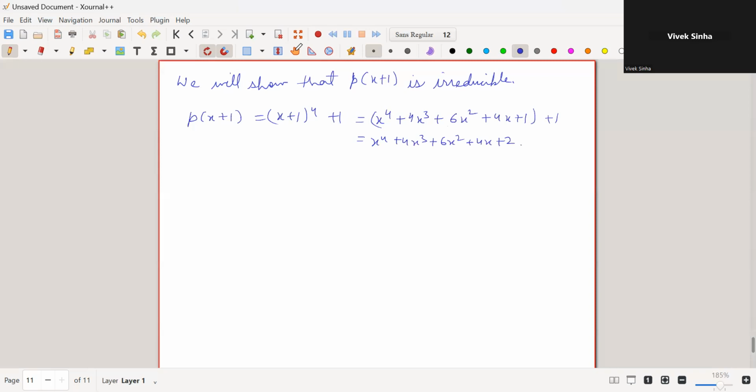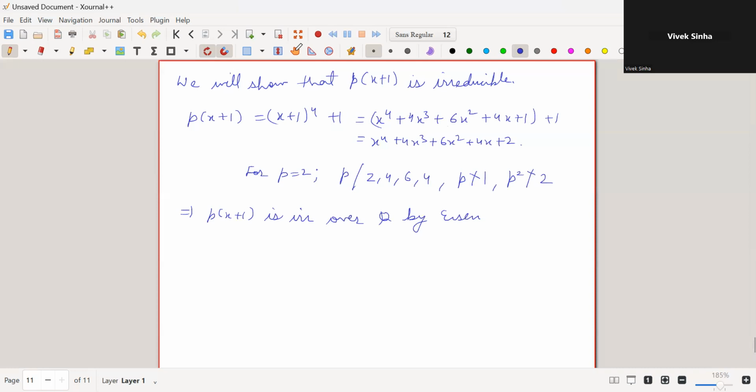Now you can apply Eisenstein's criterion. For p equal to 2, p divides 4, 6, 4 and 2, p does not divide 1, and p square does not divide 2. So this implies p(x plus 1) is irreducible over Q by Eisenstein's criterion.